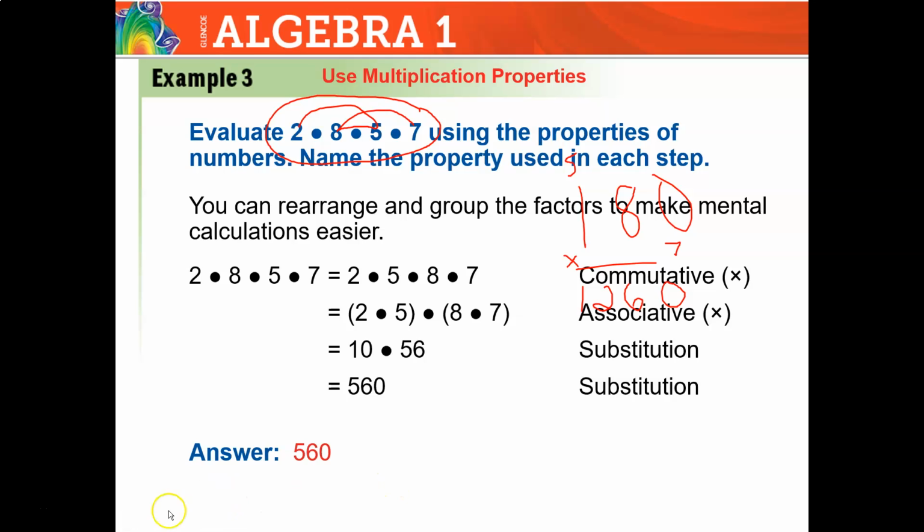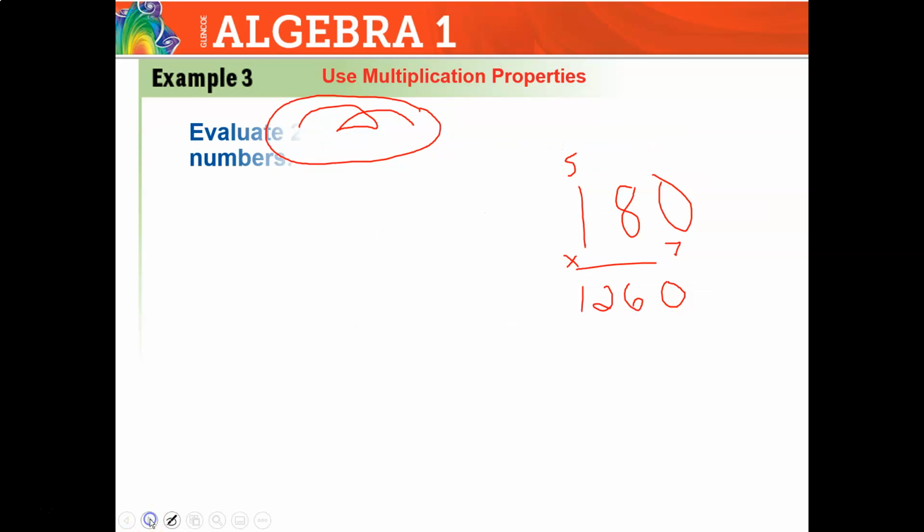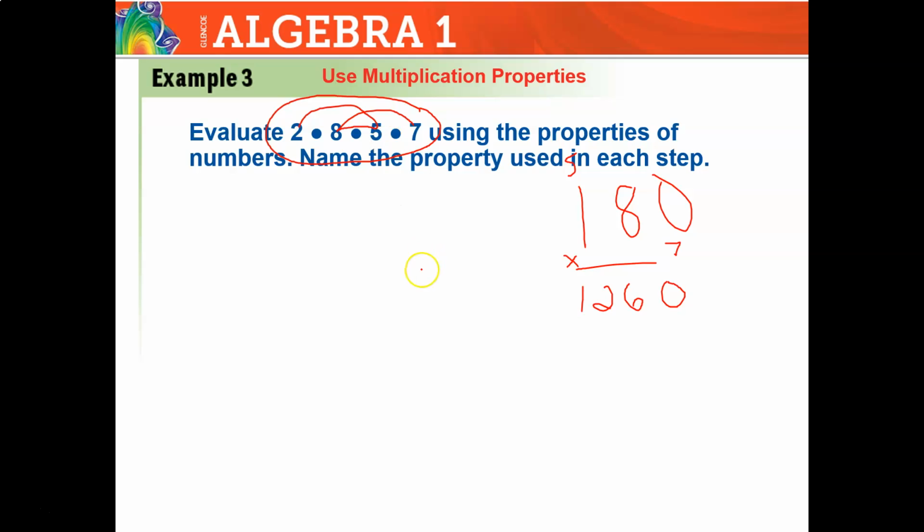See, I made a mistake. Let's find my mistake. I said 2 times 5 was 10, and 10 times 8 was 180. Is that correct? 10 times 8 is 80.